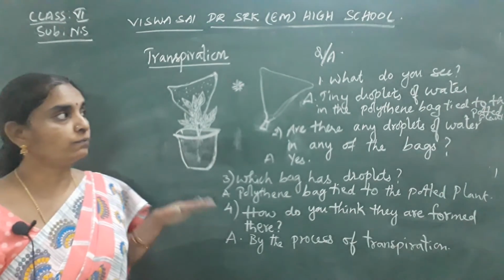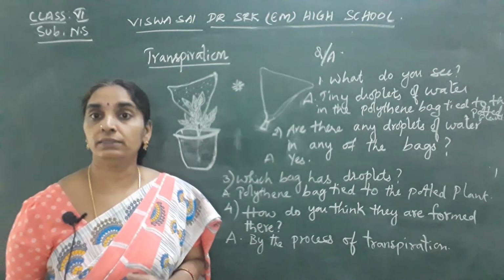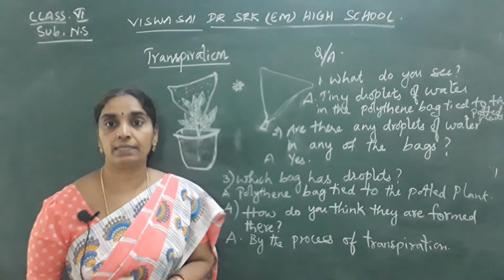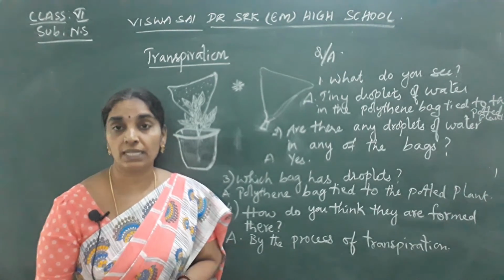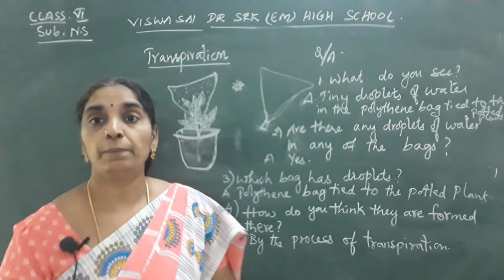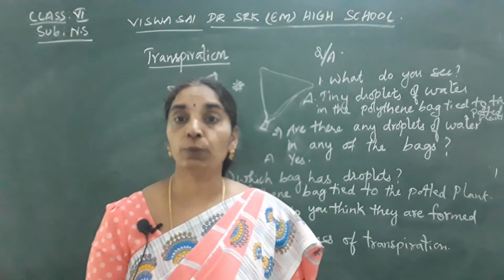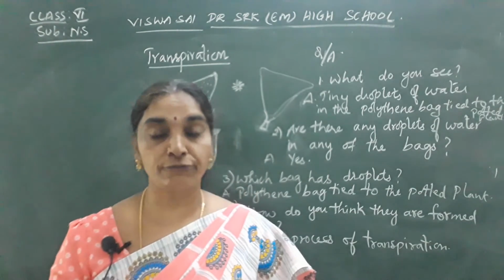Okay, children. So with this, I conclude that the importance of this lesson is that there are many other parts of the leaves which are used by human beings to prepare food also, like jackfruit leaves.